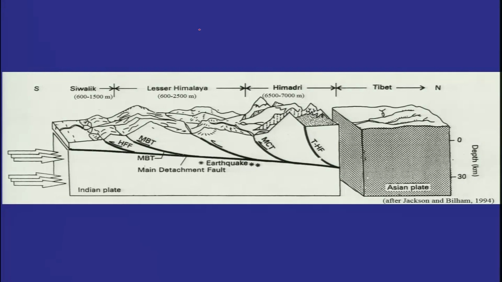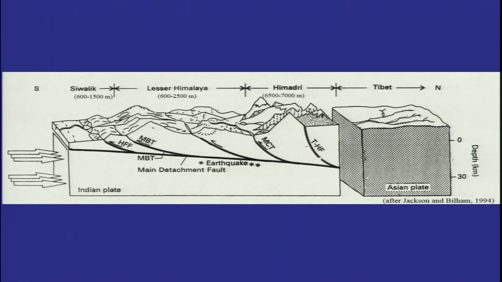Now, with this we can judge, if you recall the previous slide, what was suggested in a typical steady state model: the initial faults were developed at the time of the collision and the overriding plate started deforming.